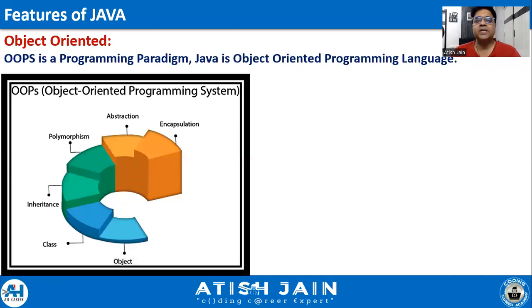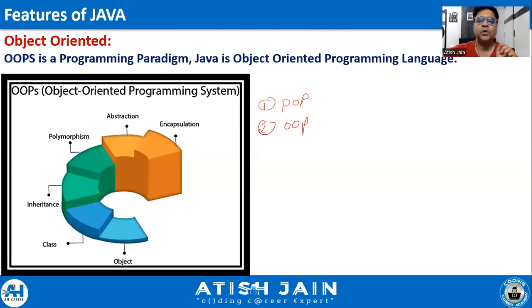Object-oriented is nothing but the style of writing program. So there are totally two styles in which the instructions are given to the computer. The first one is POP, which is known as procedure-oriented programming approach. Second one is OOP, object-oriented programming approach.